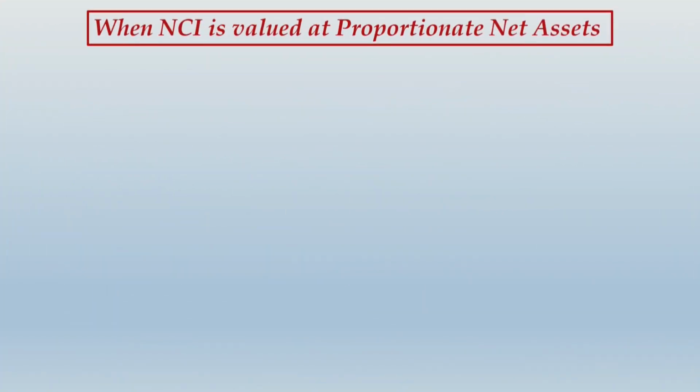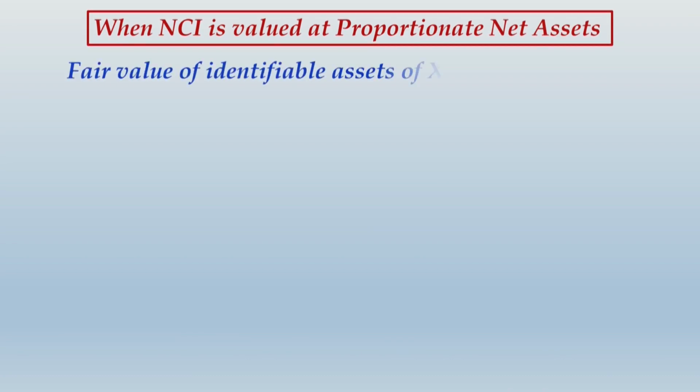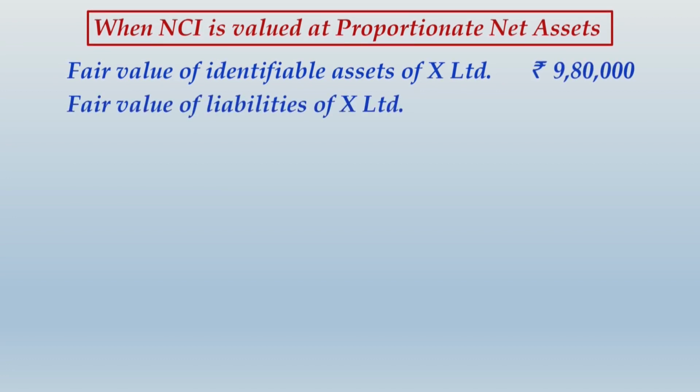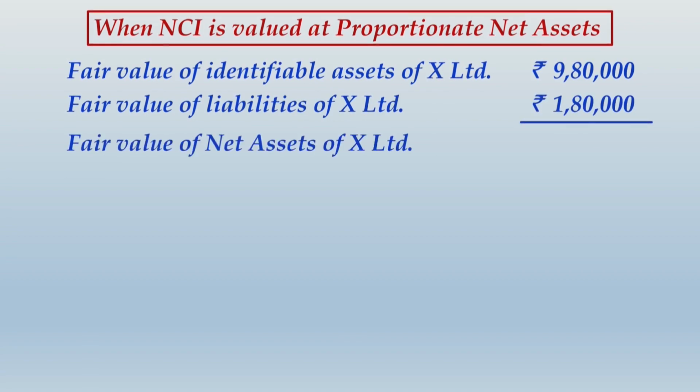So first what you will do is, we are taking the first approach, that is when non-controlling interest is valued at proportionate net asset, the first part of the question. Fair value of identifiable assets of X Limited, it was 9,80,000 and fair value of liabilities of X Limited was 1,80,000. So the fair value of net assets of X Limited is rupees 8 lakhs.